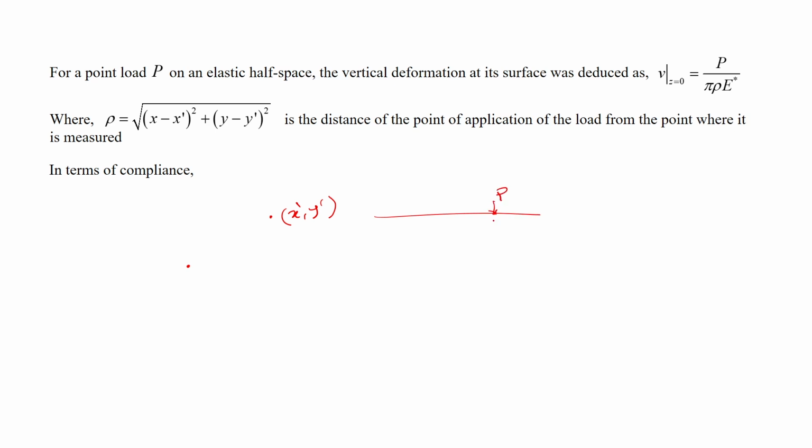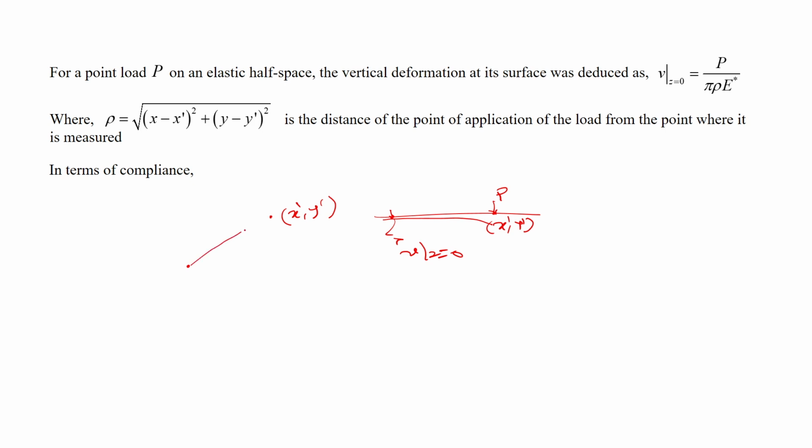With respect to some coordinates, let us say that we have this particular point at which I want to find the deformation, and this is what it will look like. The deformation over here, V at z is equal to 0, that I want to find out, was deduced as P by pi rho E star.